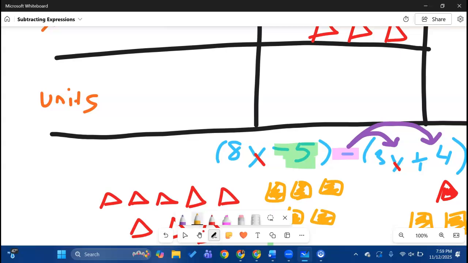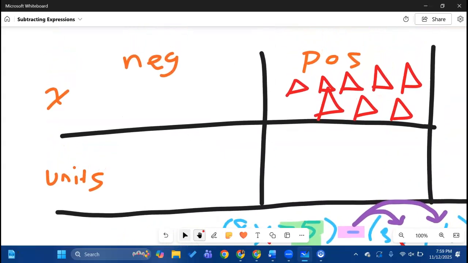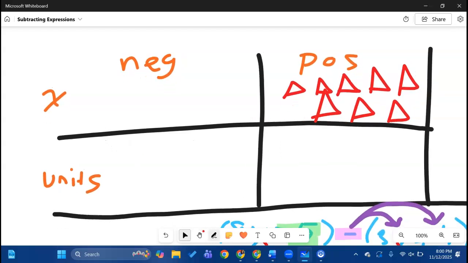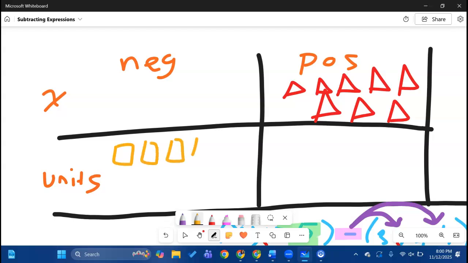Alright, so we're going to select our yellow tool here, and we're going to drag ourselves up. We're on the negative side, and we are using our squares now. So we have 1, 2, 3, 4, 5.